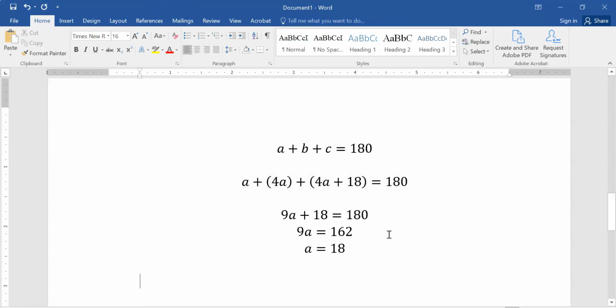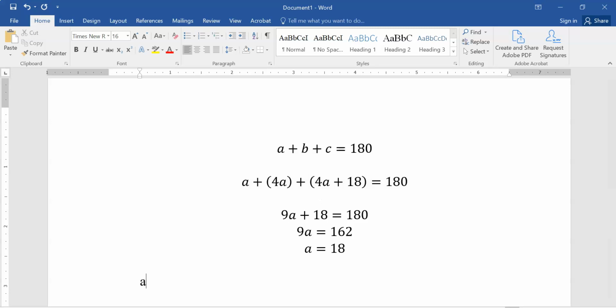Now remember, A was my first angle. The question asks me, what are the measurements of all three angles? So I need to figure out what B and C are as well. But that's nice because I know B is 4 times A and C is 4A plus 18.